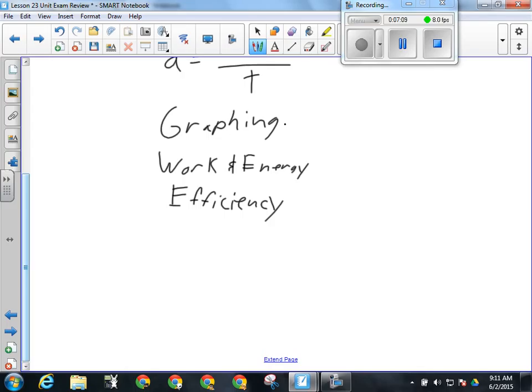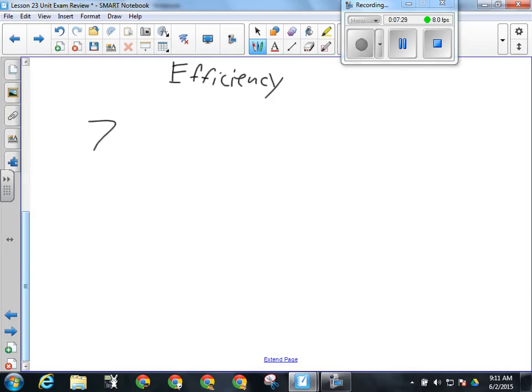Now for the written response, we've got 7 questions in total. Written response on a physics test is like problem solving, so it's not like writing out a paragraph per se.